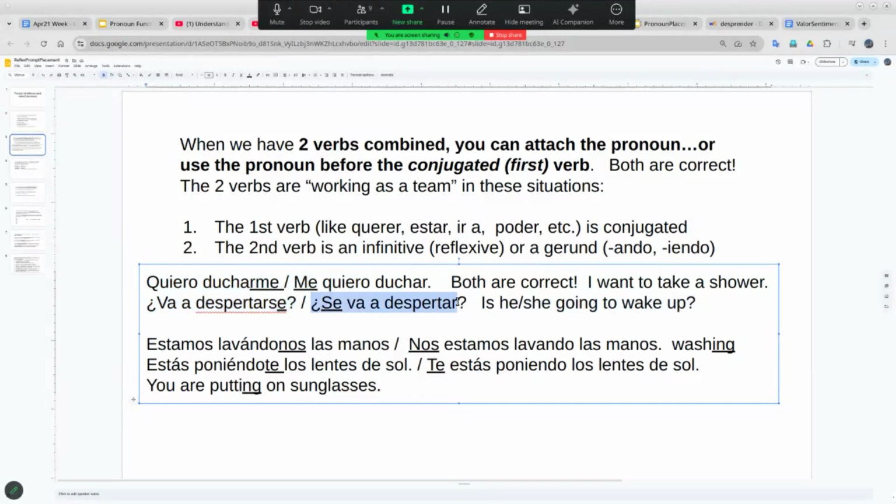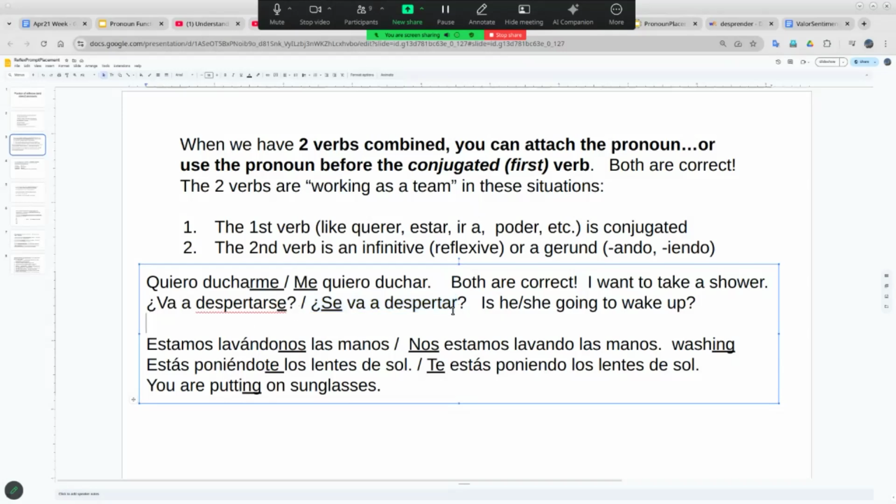Or, se va a despertar. Or is he or she going to wake up? It could be usted, it could be he or she. Right? So, attached to the infinitive or in front of the very first verb, which is the conjugated verb. And that's like the normal thing, right? In a plain sentence in front of the conjugated verb. So both of those are correct.